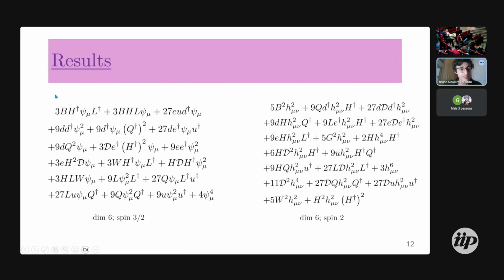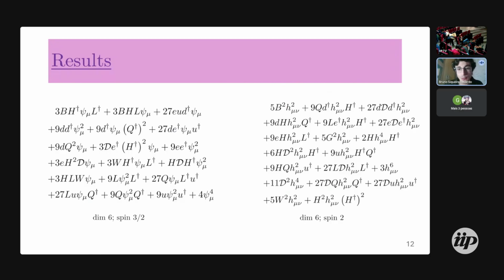This first term here is saying that we have 3 independent operators, which consist of a B boson, a Higgs, a Rarita-Schwinger field, and a lepton doublet. Or in the massive spin 2 case, we have 5 independent operators, which consist of 2 B bosons and 2 massive spin 2 particles. So it's very straightforward, the interpretation.